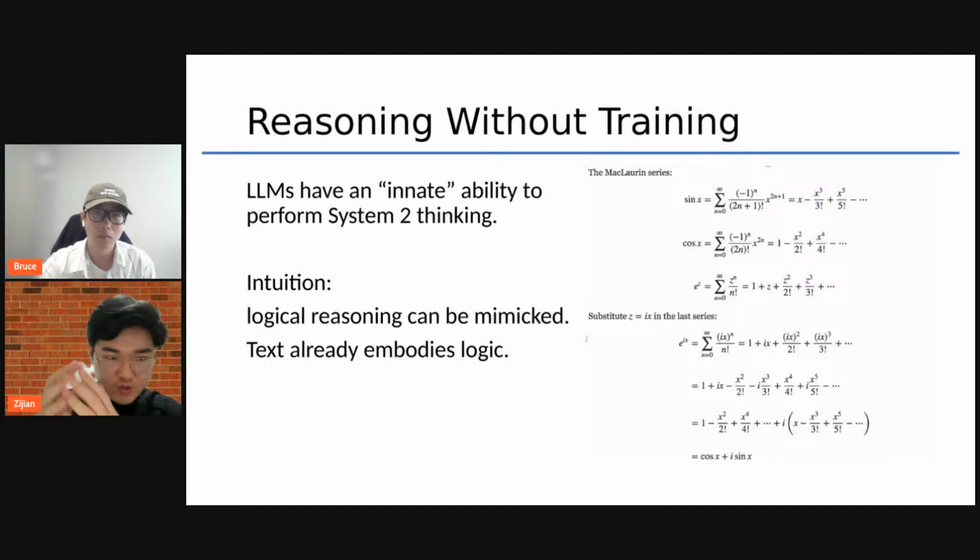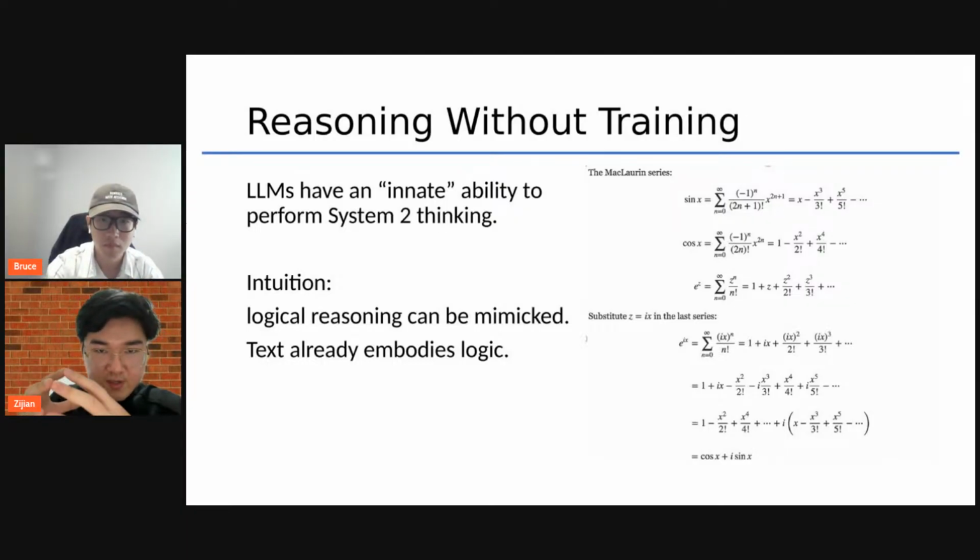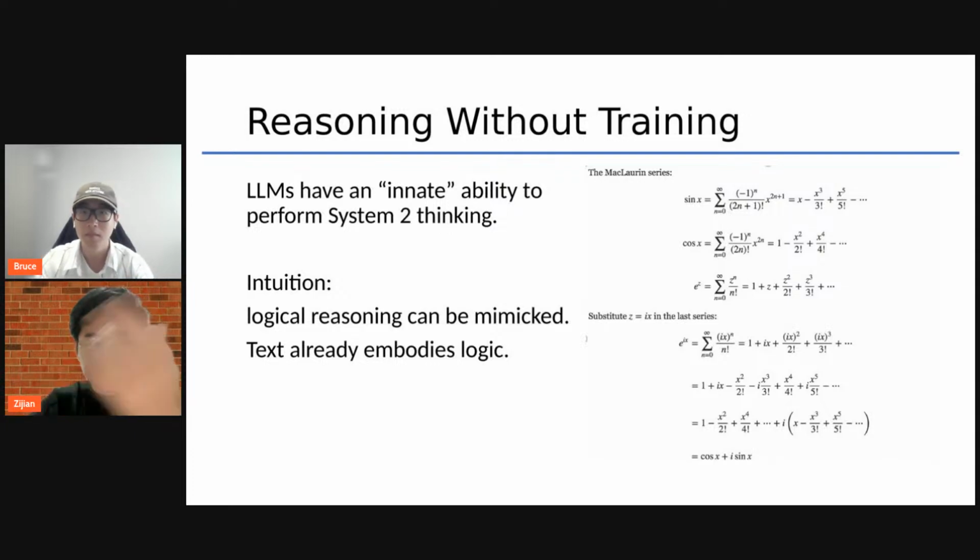LLMs being pre-trained on enormous corpora already have an instilled ability to mimic this kind of logical reasoning written in human text. So what we need to do is to simply try to bring this kind of innate ability out of the LLM.